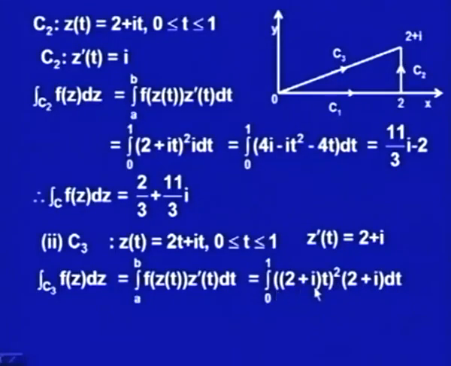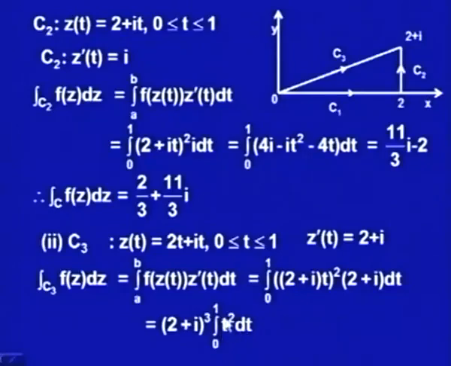Now this 2 plus i whole cube is a complex constant, and we do know with the property that if it is a complex constant, we can take it outside the integral sign. So the integral left would be only t square with respect to t on the interval 0 to 1. So what I would get is 2 plus i cube times the integral from 0 to 1 of t square dt.